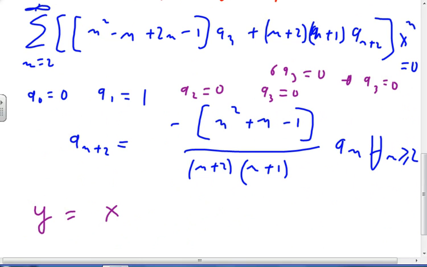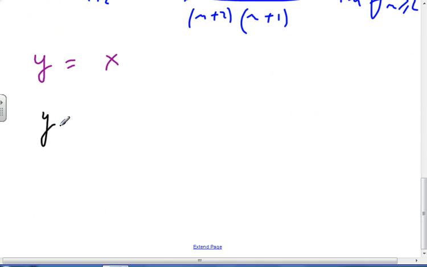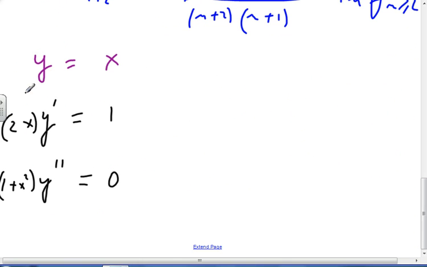And I remember that from last time I worked the problem. And I'm going to check my work. So y prime is equal to 1, y double prime is equal to 0, and I want 1 plus x squared of this one, and I want 2x of that one, and I want minus 2 of this one, and 0 is equal to 0.